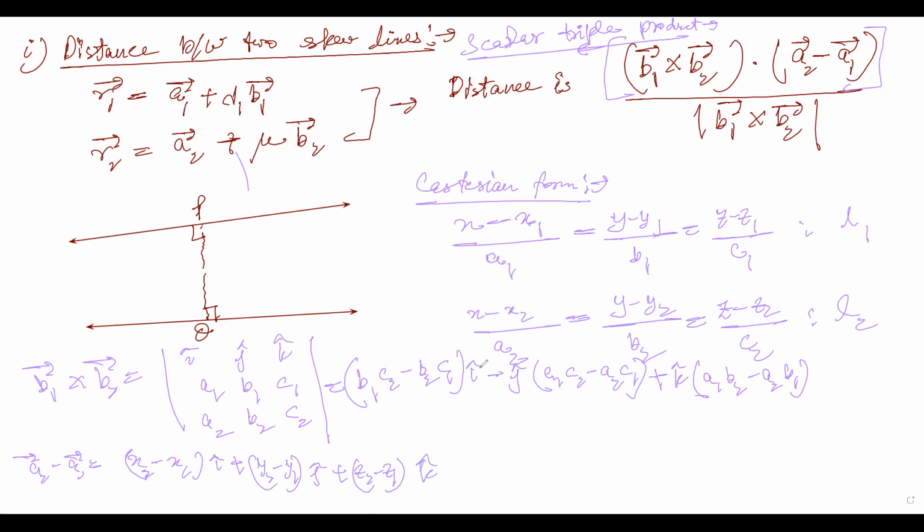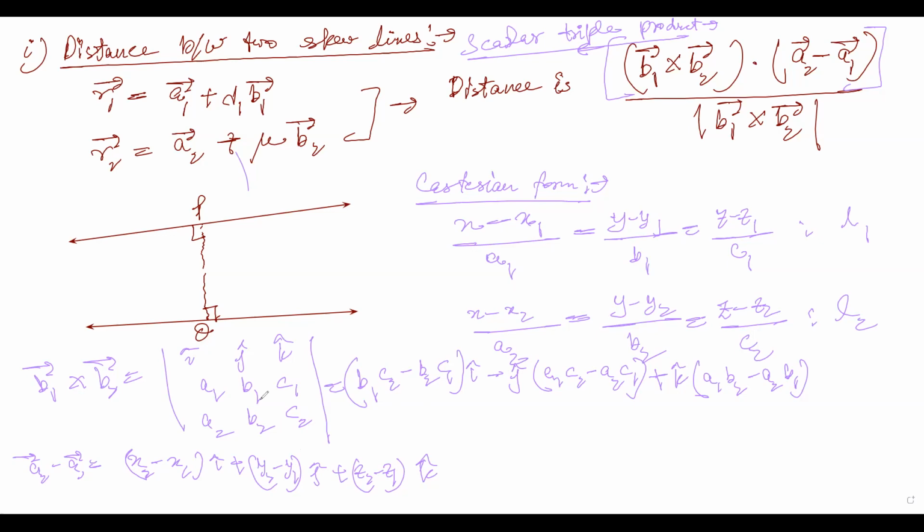Now, if you take the dot product, you are multiplying x2 minus x1 with b1 c2 minus b2 c1, then minus y2 minus y1 into a1 c2 minus a2 c1, plus z2 minus z1 into a1 b2 minus a2 b1. So instead of i, j, and k, you just replaced them with x2 minus x1, y2 minus y1, and z2 minus z1.